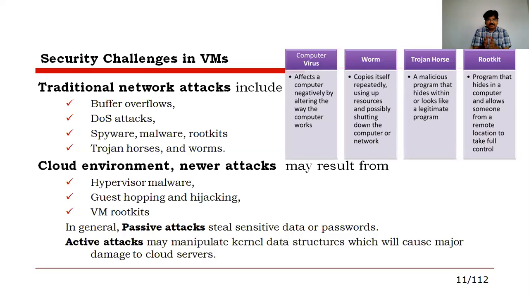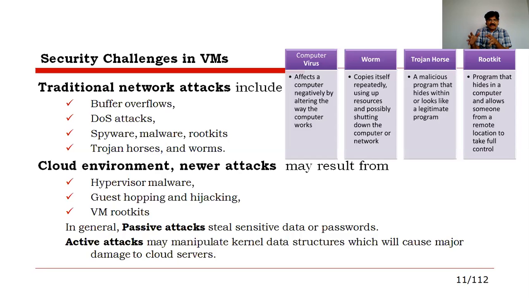To overcome the problem, we need to provide a firewall for virtual malware, guest hopping, hijacking, and VM rootkits, not limited to these. So in general, passive attacks and active attacks are there. There are two different attacks.